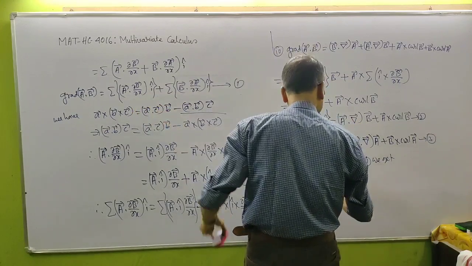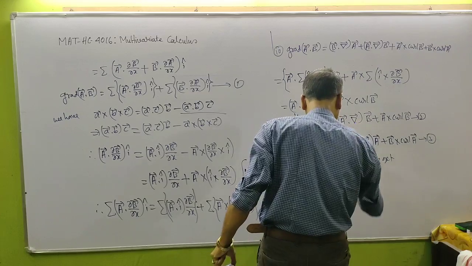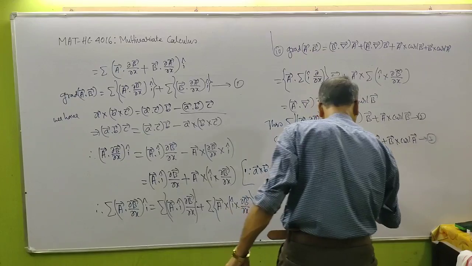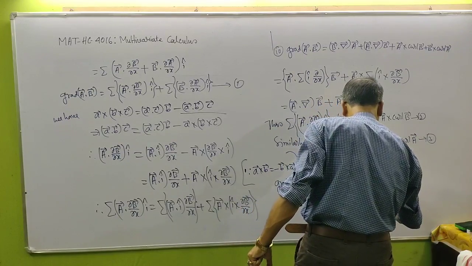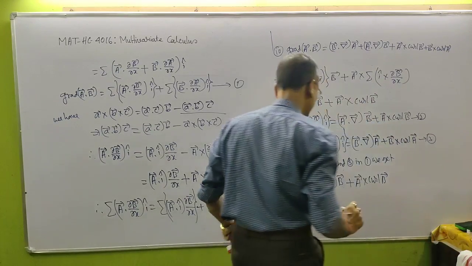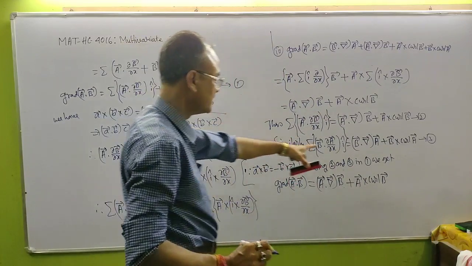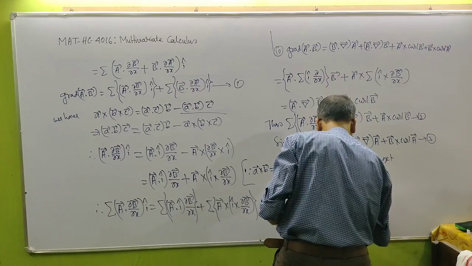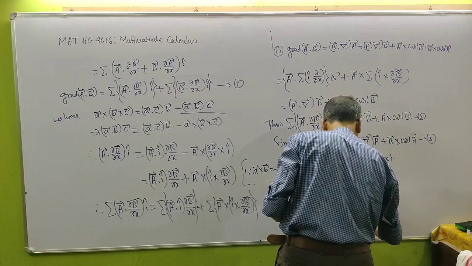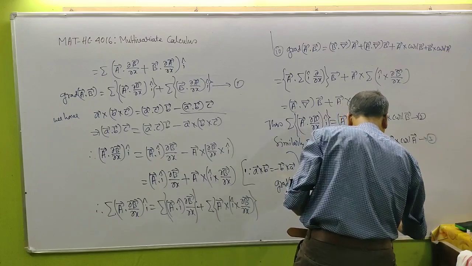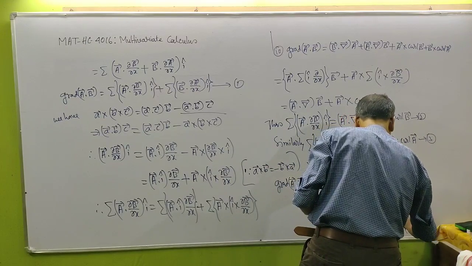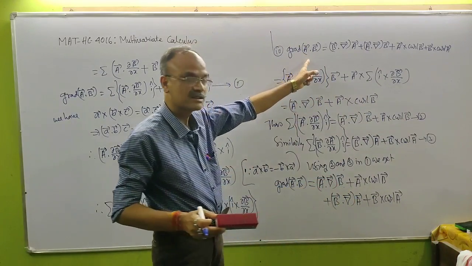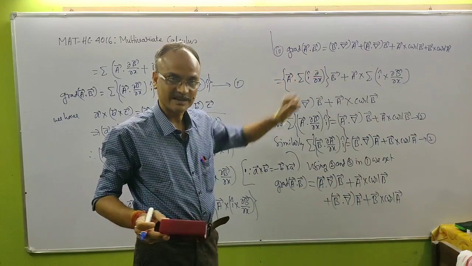For this, you may write this one: A dot del B plus A cross curl of B vector, plus B dot del A plus B cross curl of A vector. Therefore, we have proved the important vector identity number 10.